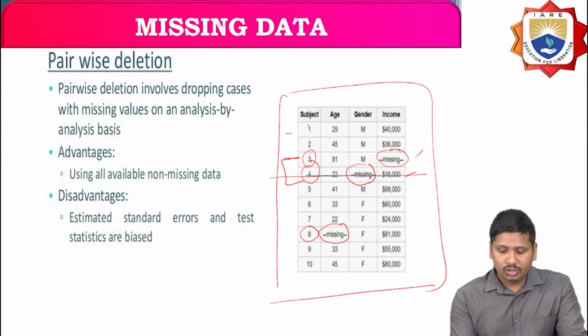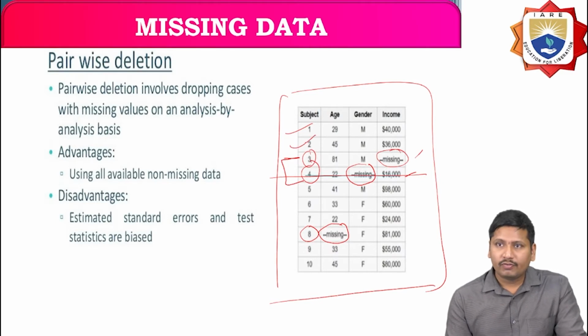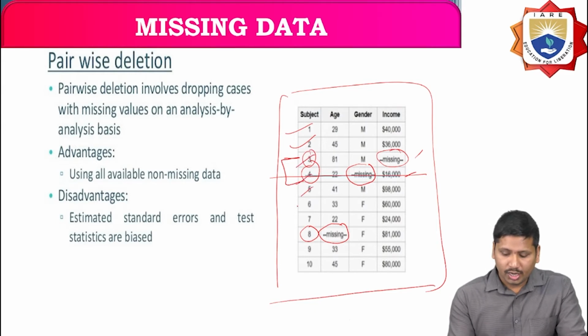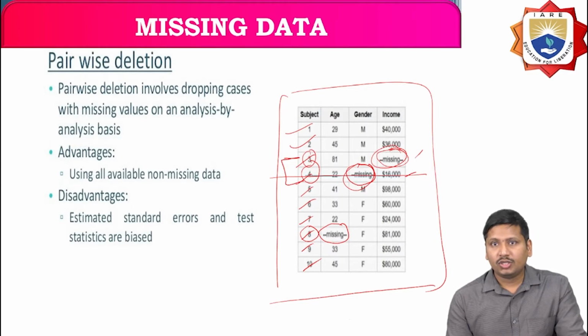First of all, we check whether the missing data is in the first subject or not. Similarly, I identify whether the missing data is in the second subject or not. Like this, I analyze all the data fields. Whenever I get two consecutive missing data, that data is deleted on an analysis-to-analysis basis.